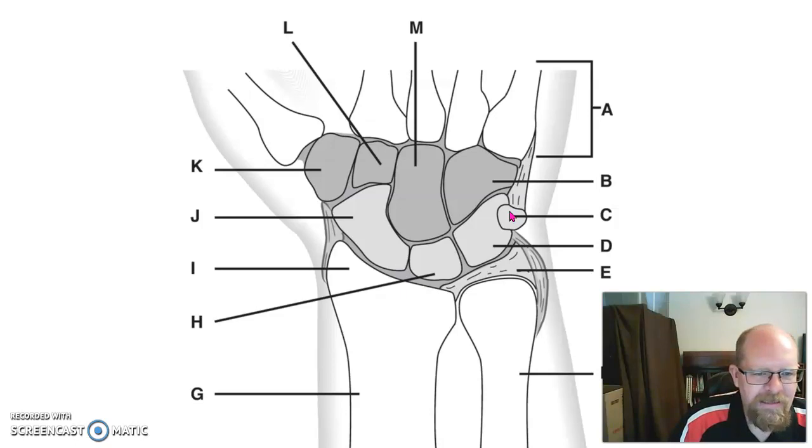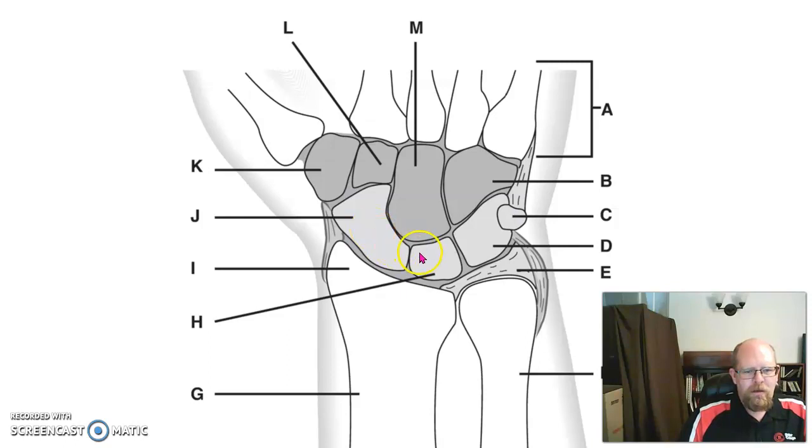Now there's an easy way to remember the order of the carpals in the hand. And that order goes: so long top part, here comes the thumb.